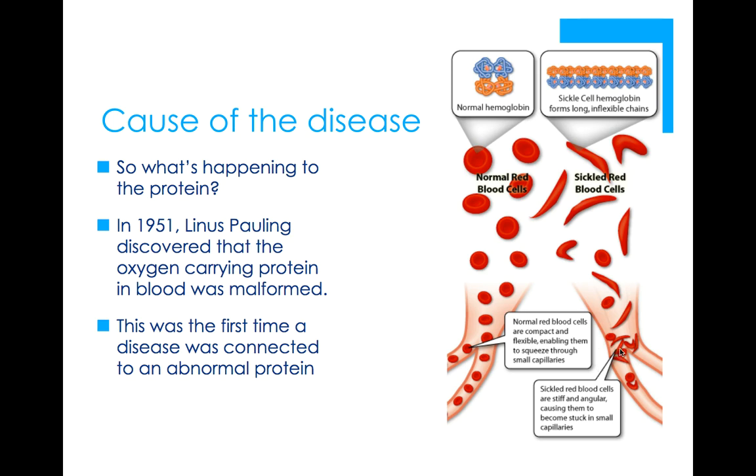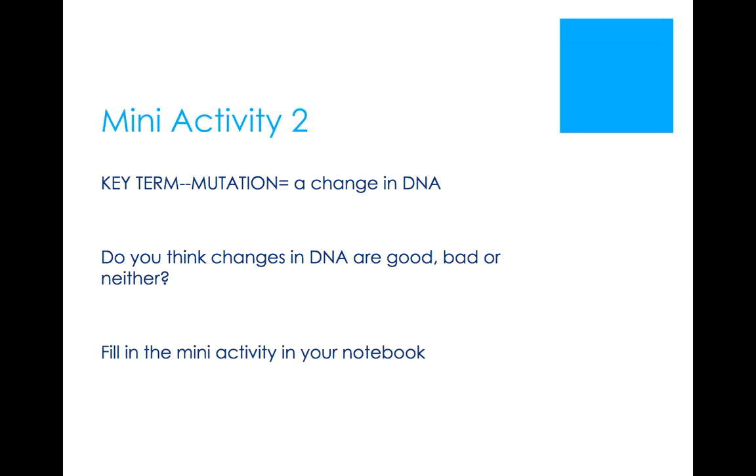And so it's stiff, they're angular, they're getting stuck here, okay? This is the first time we connected any disease to an abnormal protein in the body. We have since discovered quite a few different things, but this is the first one. We've got a protein that is going wrong.